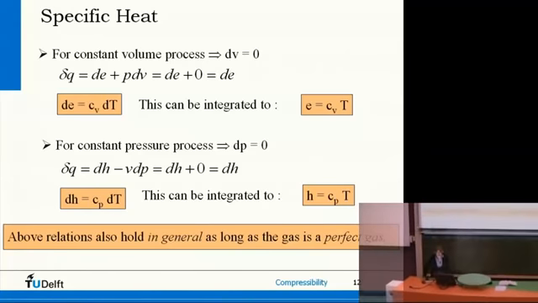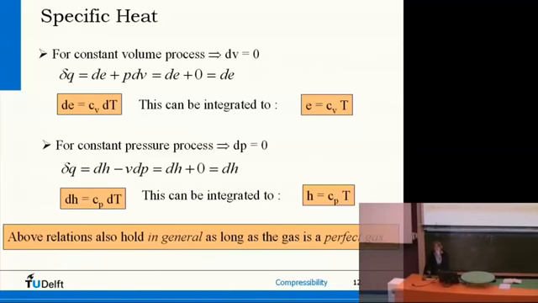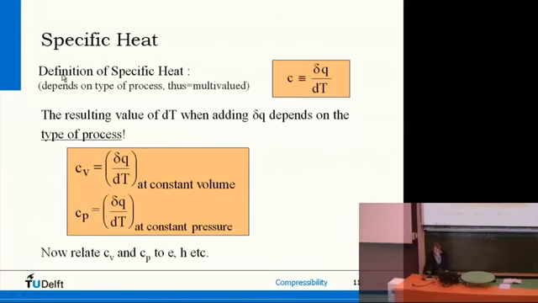So what I then do is realize that this dq, my heat added or subtracted, I can substitute my specific heat just defined earlier, right? So dq is equal to c dt.